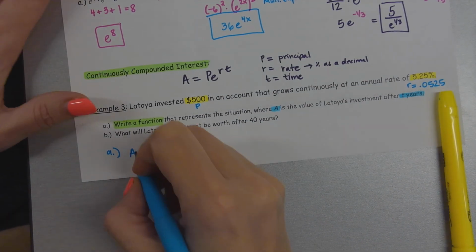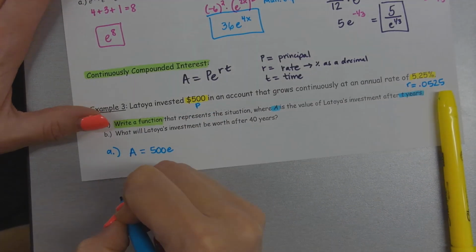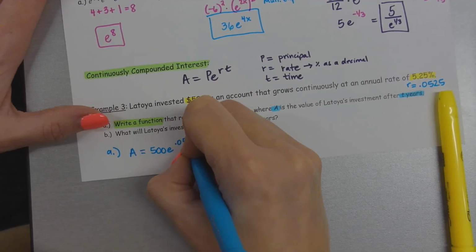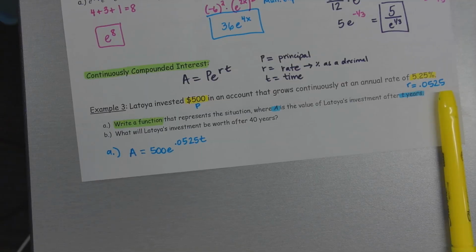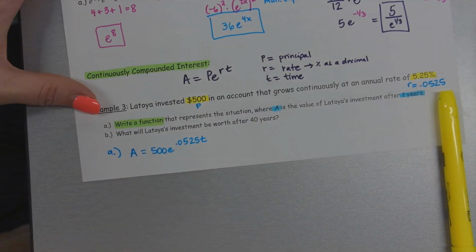Yeah. Okay, so A equals 500. Okay, and then again, I just want you to make sure that you have the A equals, okay, that is going to be part of it.